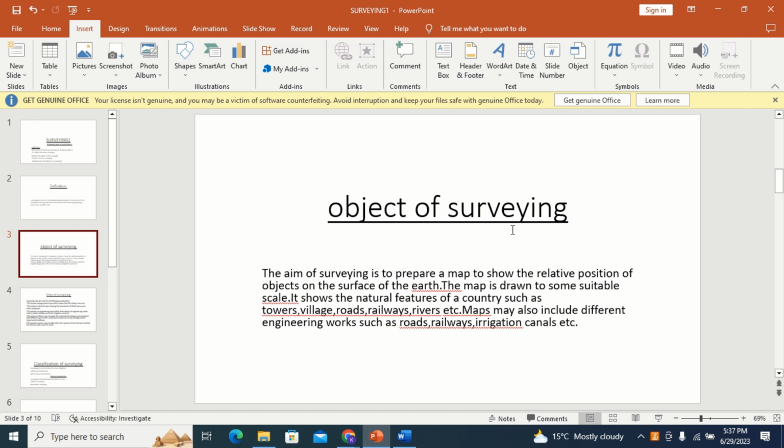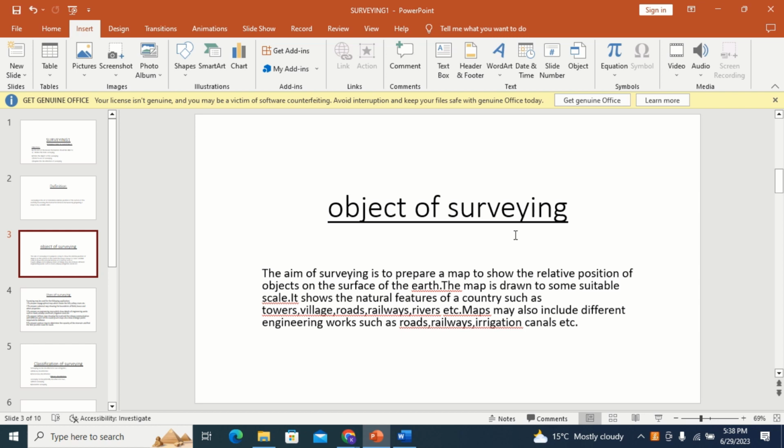In those maps, there are some features which are shown, like the natural features such as the towers, village roads, railways, rivers, etc. Maps may also include different engineering works such as roads, railways, and irrigation canals.